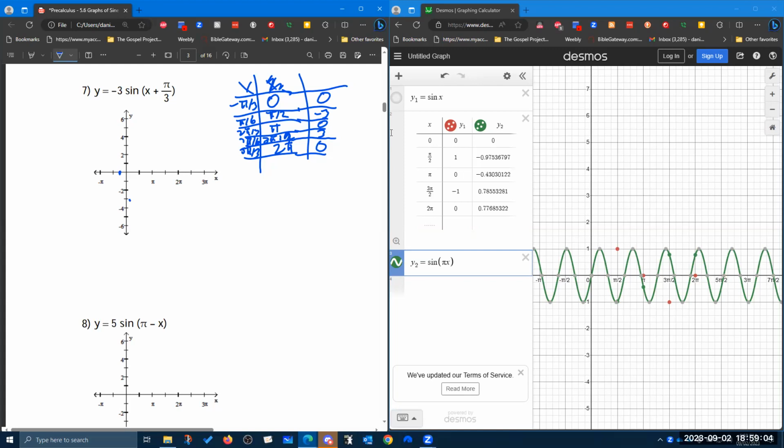Then at 2 pi over 3, I'm at 0 again. And then at 7 pi over 6, I'm at 3 again. And then at 5 pi over 3, I'm at 0 again. And it's going to follow that cycle all the way through if I want to keep drawing it, but I'm just going to draw one cycle there for the sake of time.